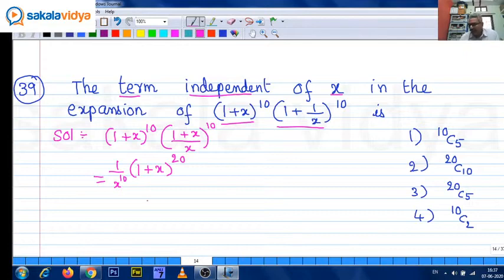That means we need to find out the independent term.